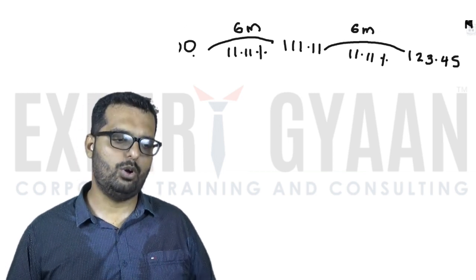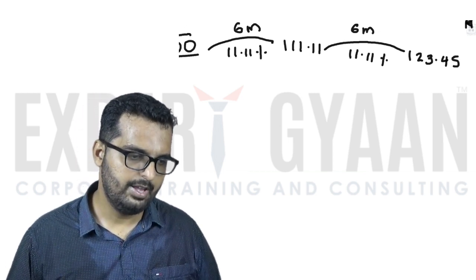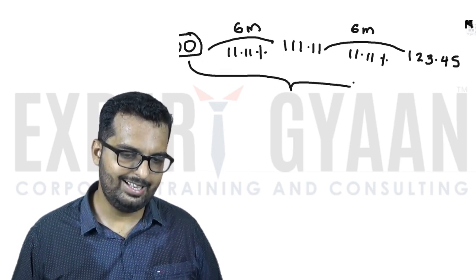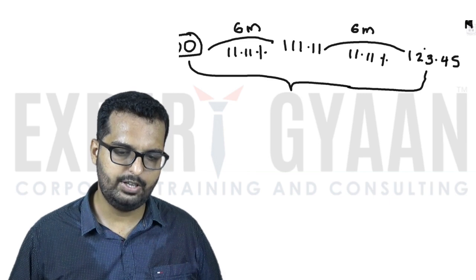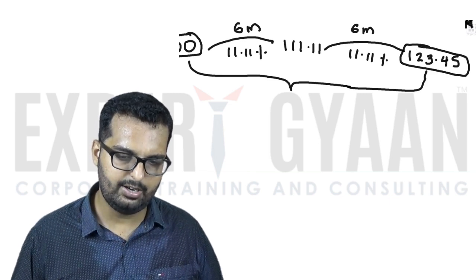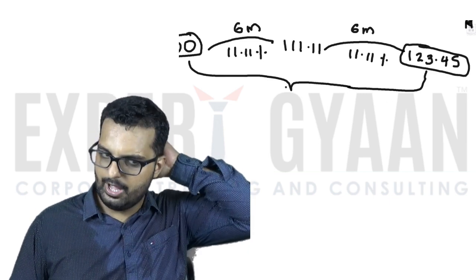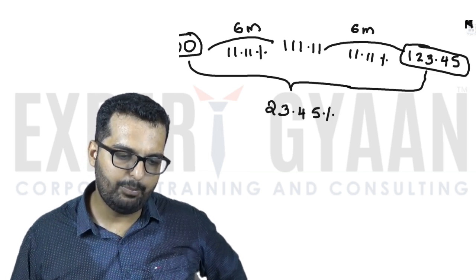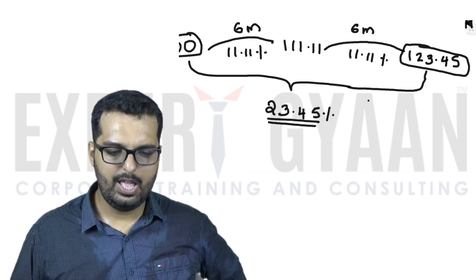So as per the logic of effective annual return, if I am putting 100 rupees, at the end of 1 year I should get 123.45. So ideally my effective return should be 23.45 percentage.